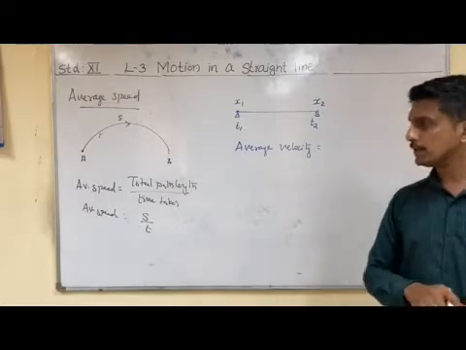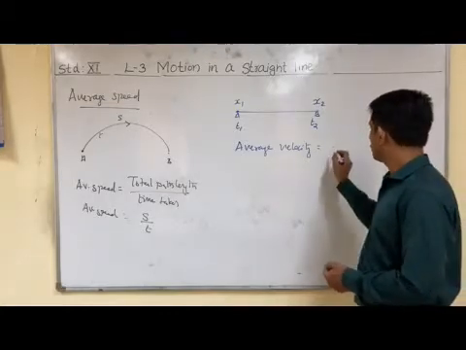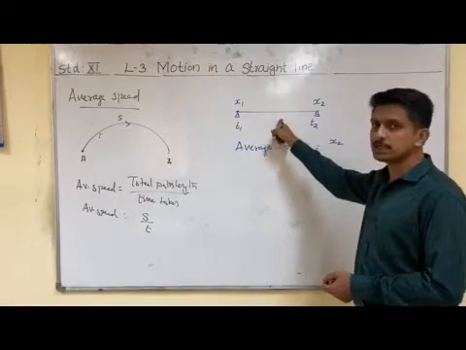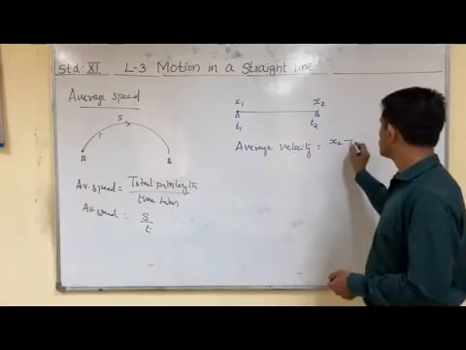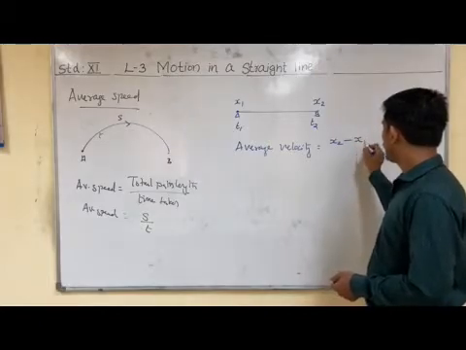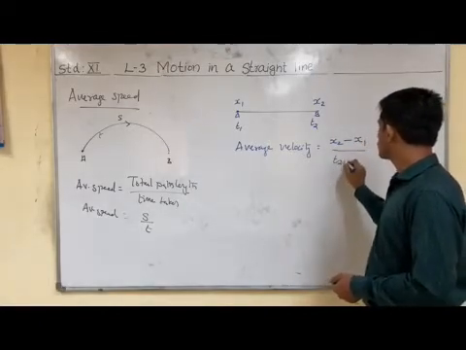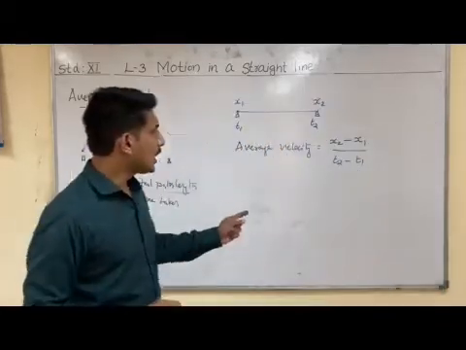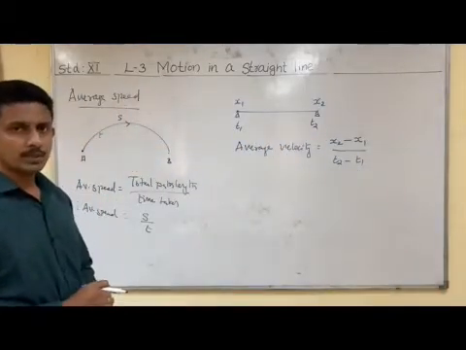So the average velocity of this object is given by the displacement divided by time taken. That means in this case it is x2 minus x1 divided by t2 minus t1. This is the value of the average velocity of this object.